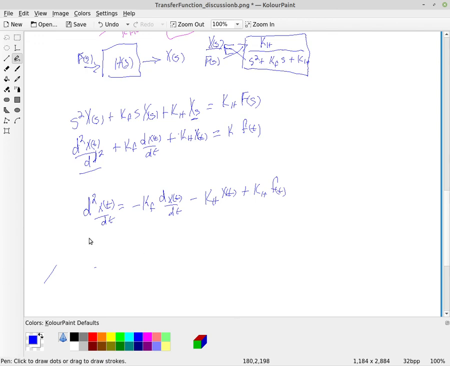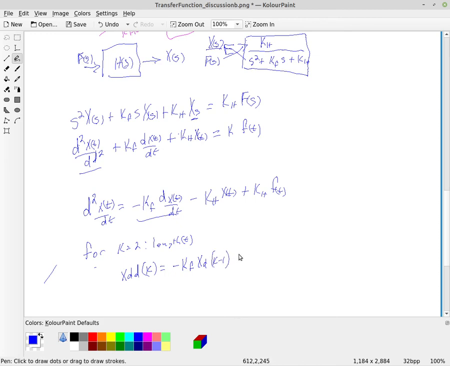And then if I wanted to put this inside of Octave, of course I would have my for loop. You've got to do your initial conditions, but you'd have your for loop where k is equal to 2 to the length of t. And then you would have your second derivative. I'm going to write that in terms of x double dot at step k, which is going to equal this term: minus kf times x dot of k minus 1.